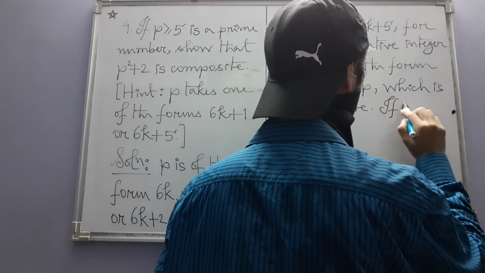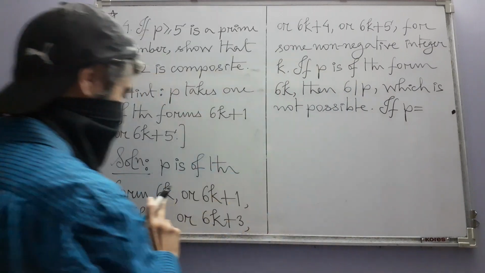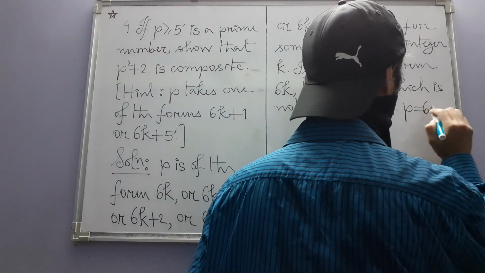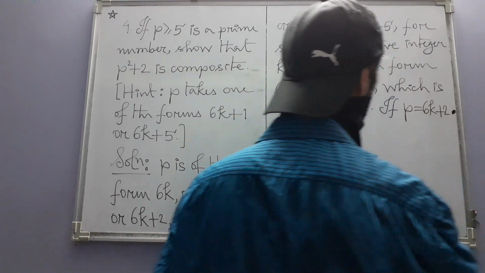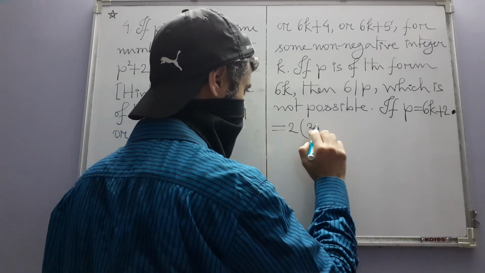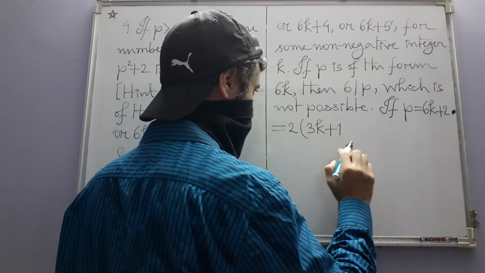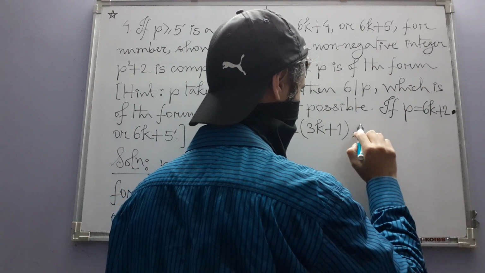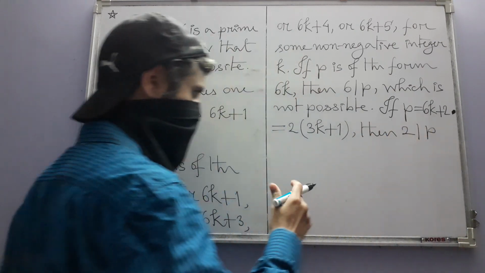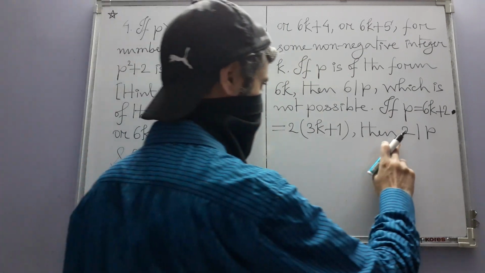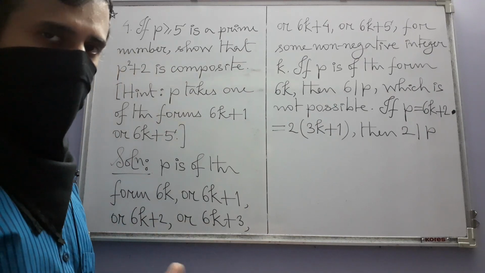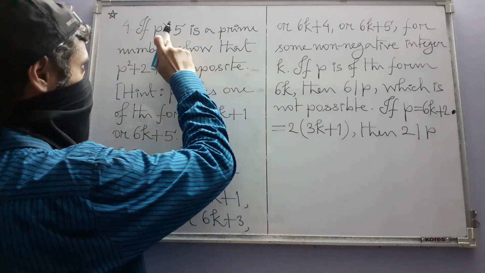Then we'll of course leave 6k plus 1 because it's mentioned here. If p is equal to 6k plus 2, and hence is equal to 2 times 3k plus 1, then 2 divides p. This however can happen. Had p been any prime, this would have happened, but we have this extra condition, right?